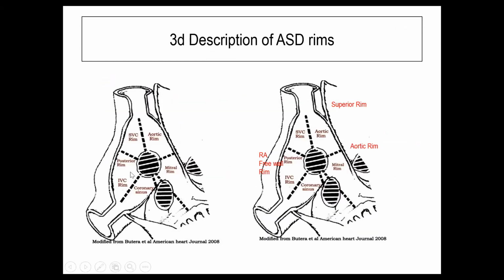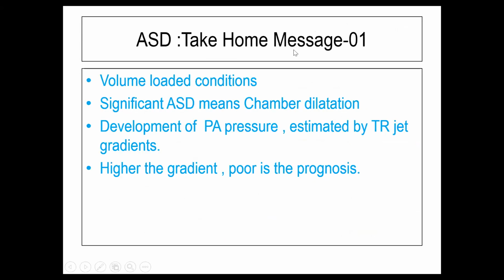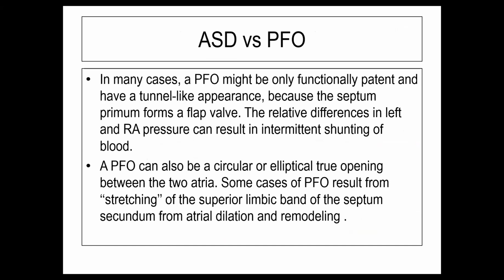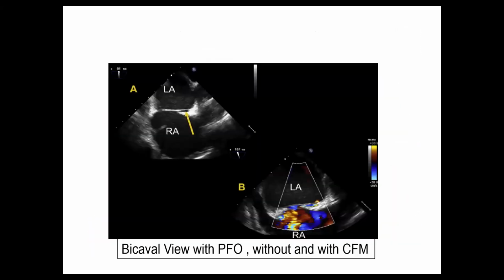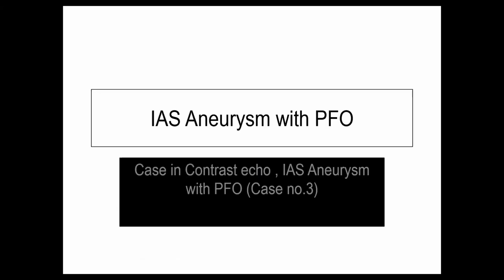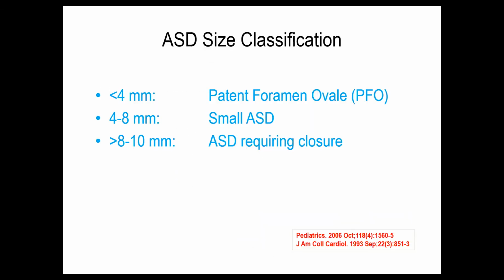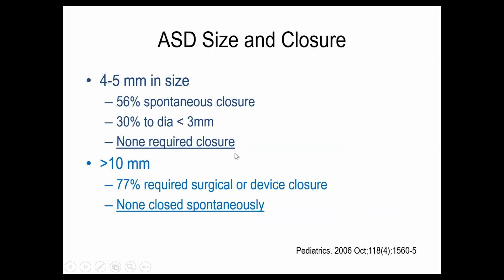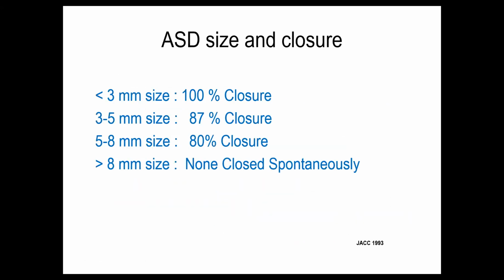So today we are looking at their rims by 3-dimensional echo, transesophageal, and we close the majority of these secundum ASDs by device closure. Less than 4 millimeters is PFO, 4 to 8 is ASD, which needs observation, and more than 8 always requires closure. And this closure is by device closure.